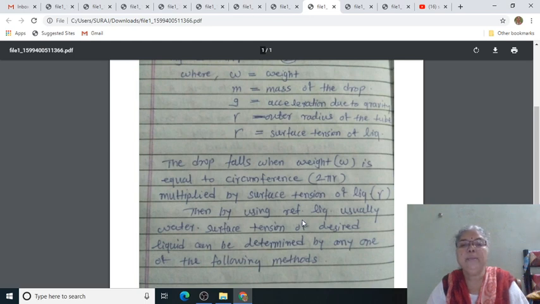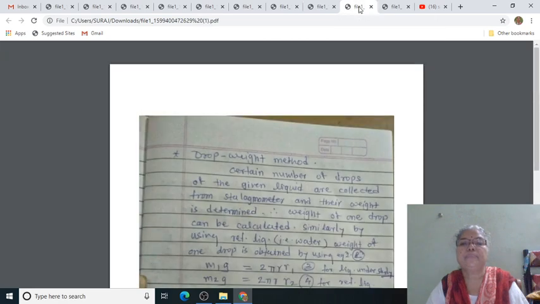Then by using a reference liquid, usually water, the surface tension of the desired liquid can be determined by any one of the following methods. Again, there are two methods.